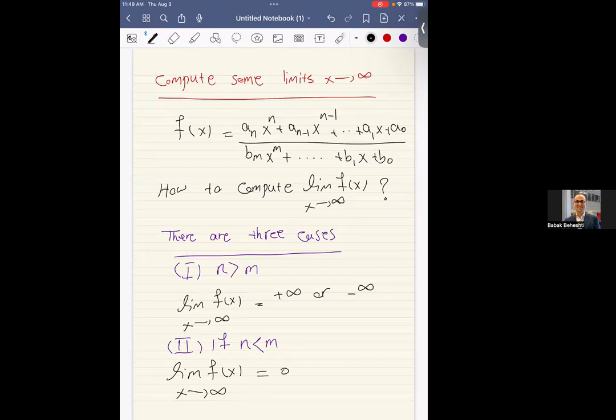So here you can say that you have a horizontal asymptote, y equal to 0. So y equal to 0 is a horizontal asymptote.